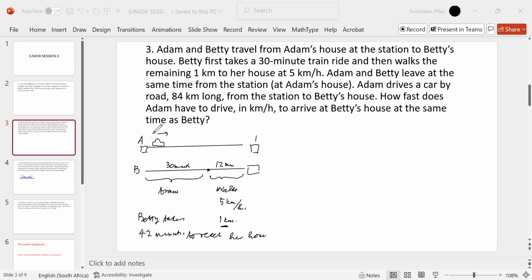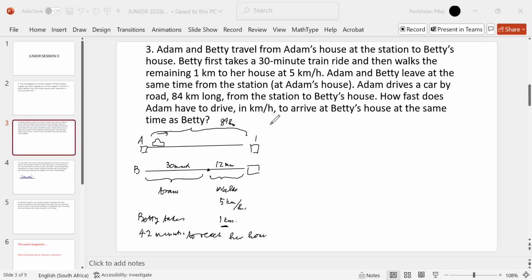So now we know what the full distance is. It's 84 kilometers. So Adam travels a distance of 84 kilometers. And now you want to know how fast does he have to drive to arrive at Betty's house at the same time as Betty?